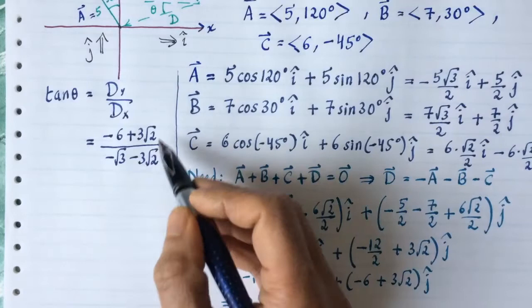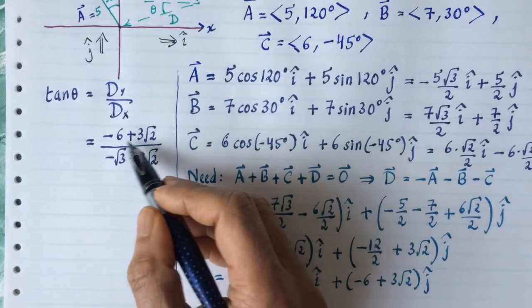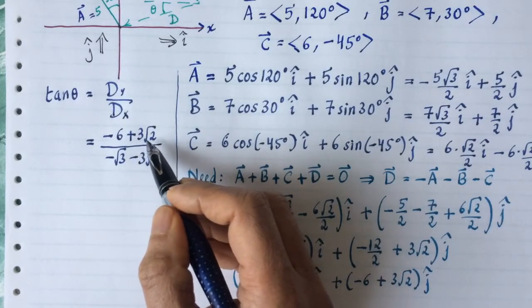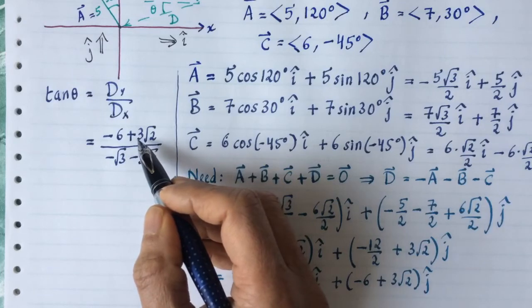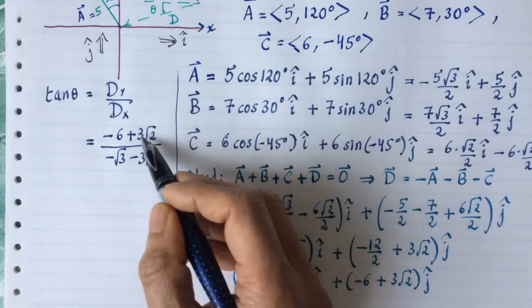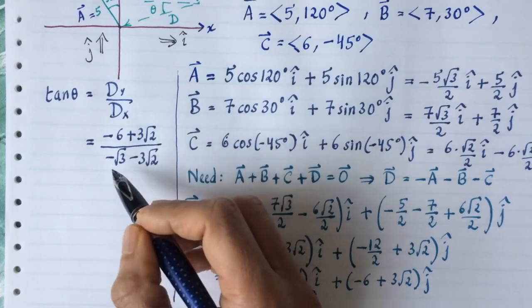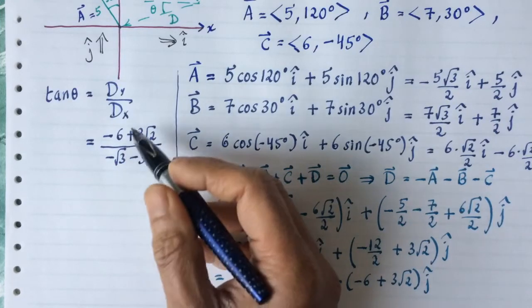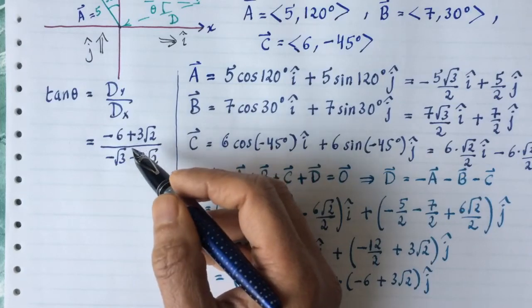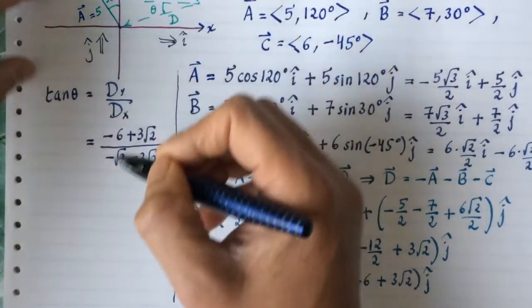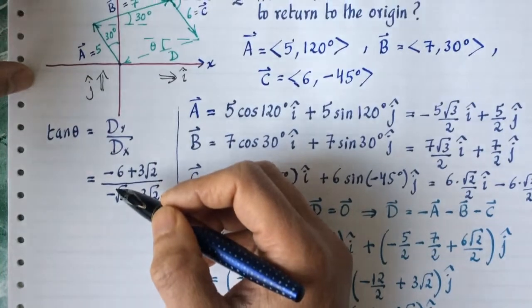You observe the numerator is negative because 3 times root 2 is less than 3 times 2, so this quantity is going to be smaller than 6. So that numerator is going to be negative. The denominator is also negative. Two negative numbers when divided by each other is going to give you a positive result. So if you put this in your calculator, you're going to get a positive angle.